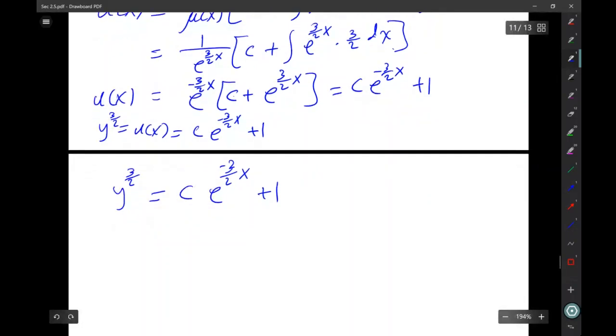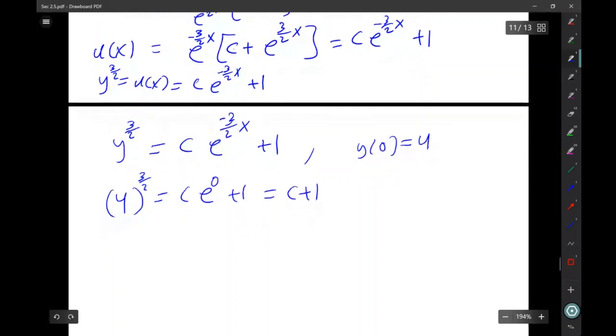Now, how will you find the value of c? Remember, you have an initial condition y of 0 is equal to 4. Substitute it: instead of y replace 4, and instead of x replace 0. This means 4 to the power 3 by 2 is equal to c e to the power 0 plus 1, which is equal to c plus 1.